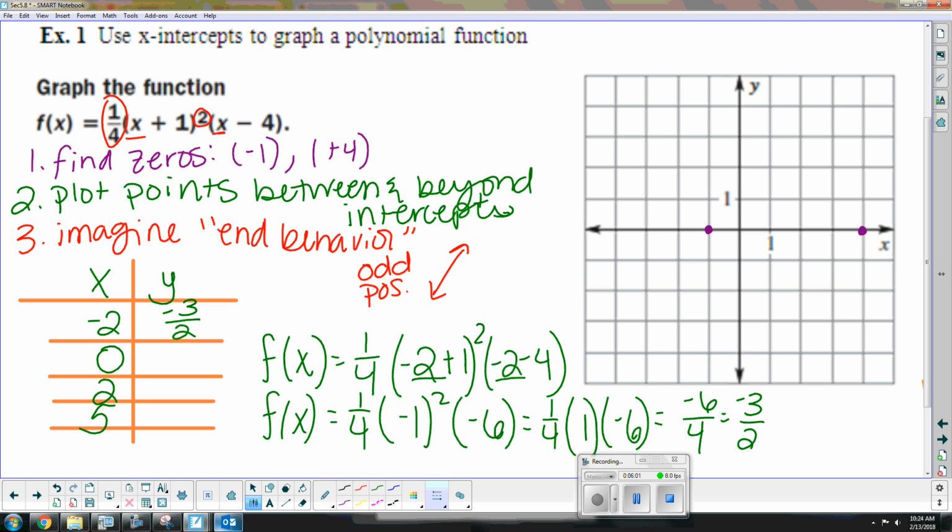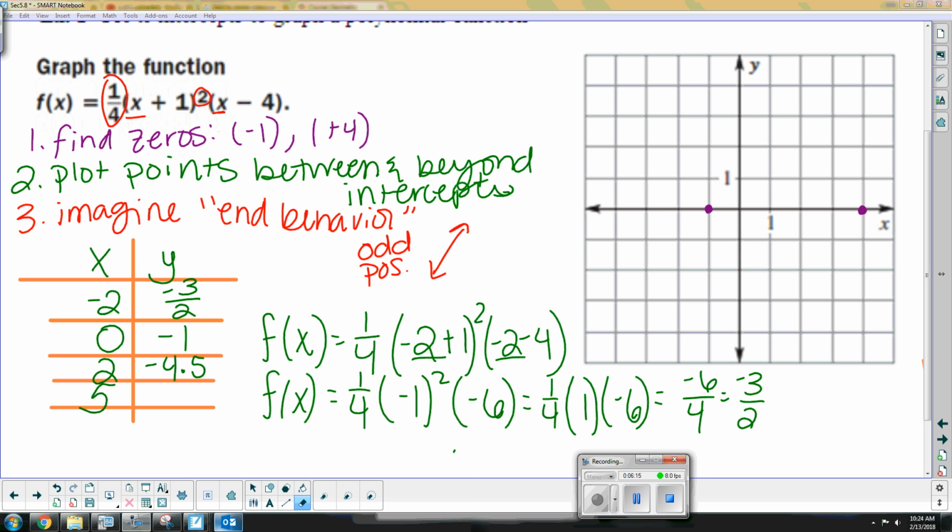If I choose 0, I'm going to get -1. And when I choose 2, I get -4.5. And if I choose 5, 9. Alright, so now I'm going to plot those other points.